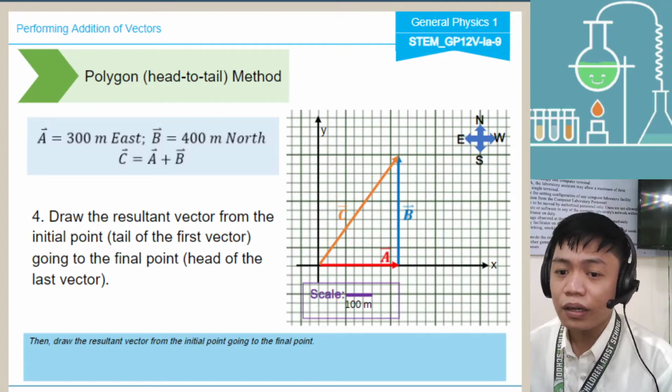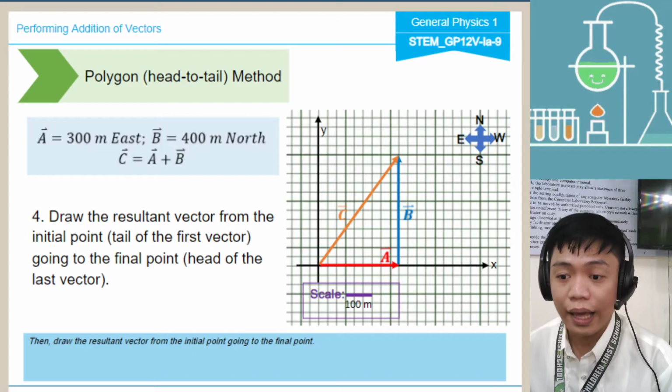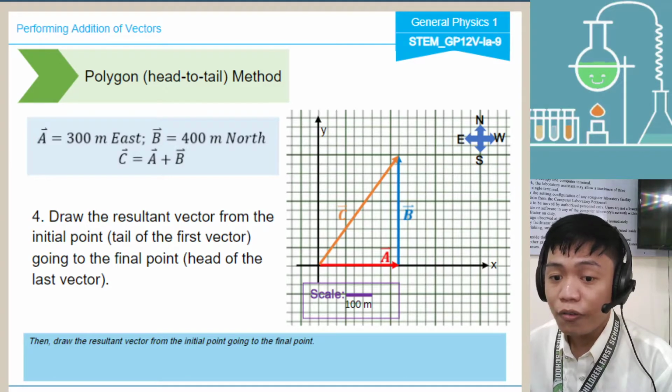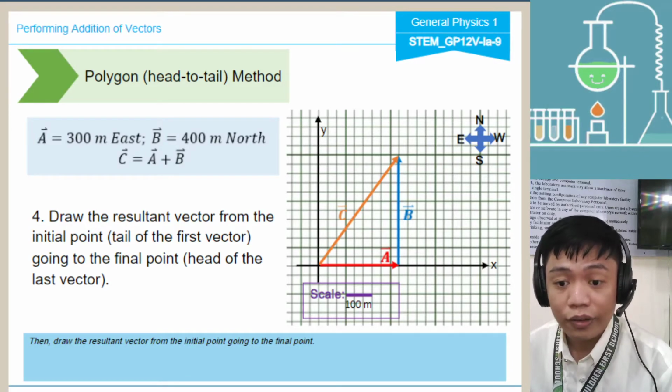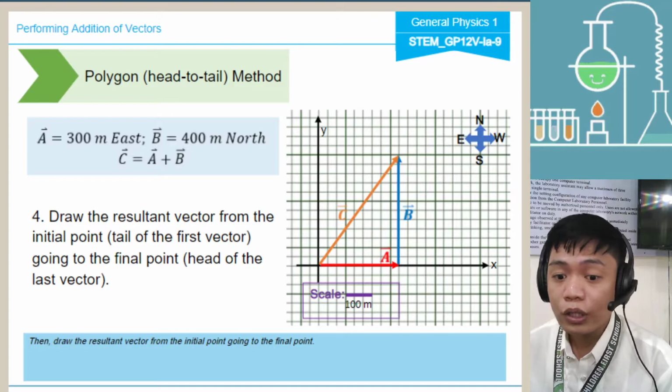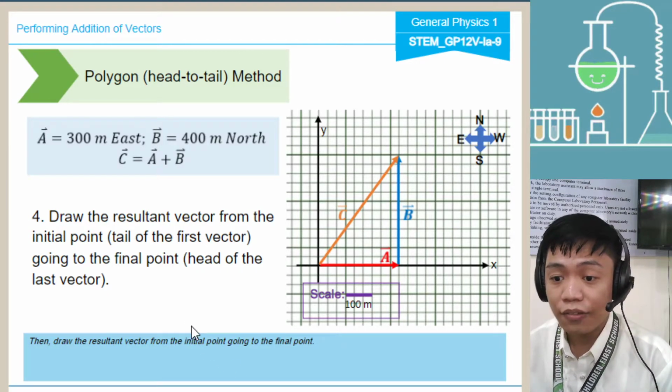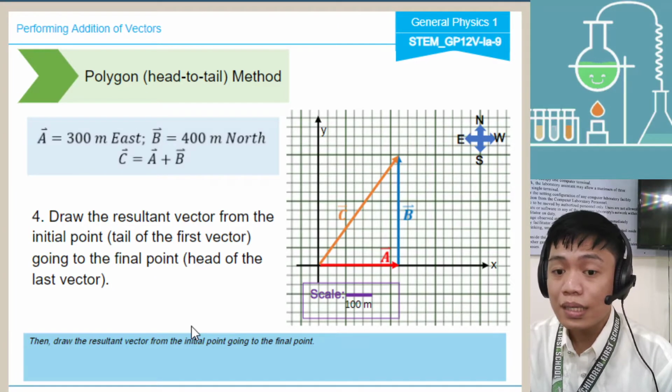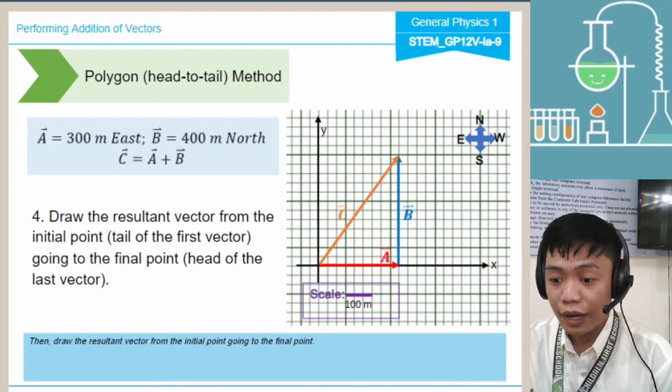So if the only given values are A and B, then you could stop there, then draw the resultant vector from the tail of the first vector going to the head of the last vector in order for you to see the resultant vector.